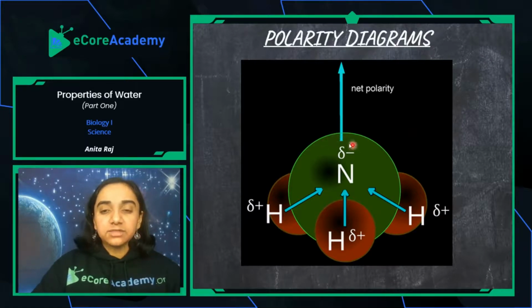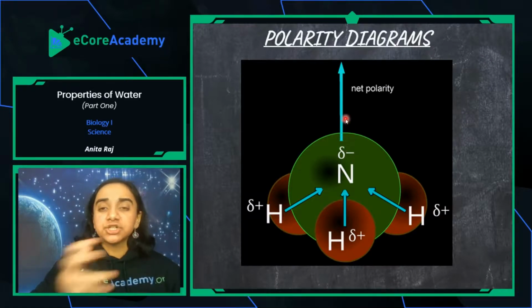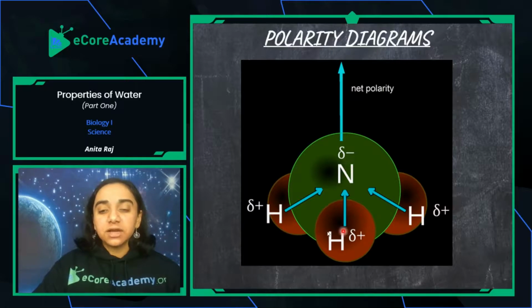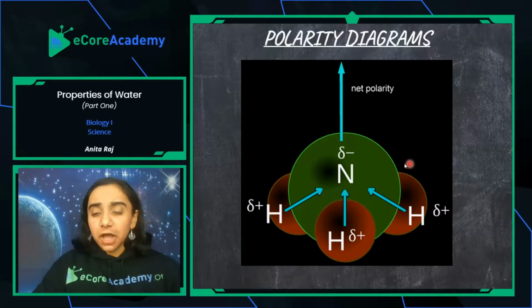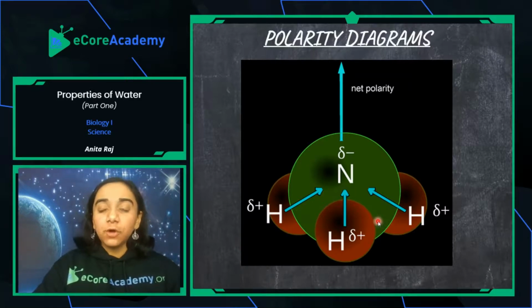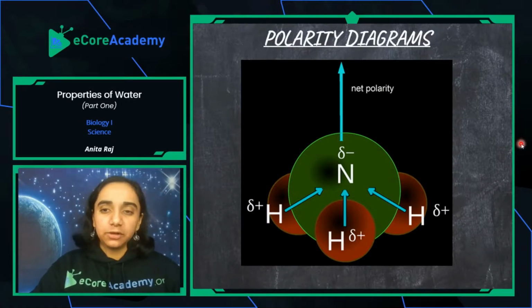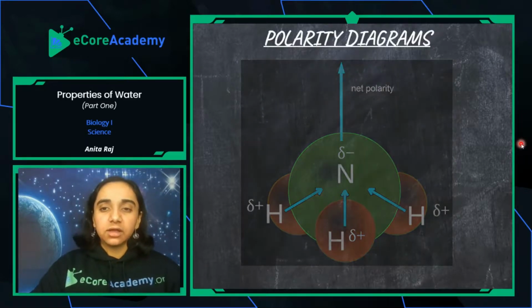That's why up here it says a partial negative charge, because nitrogen's hogging its electrons, whereas hydrogens are partially positive because nitrogen is pulling in those electrons. So this would be an example of a polar molecule. And remember, polar molecules are hydrophilic molecules, so they're water loving. So water is able to dissolve hydrophilic or polar molecules, because remember, like dissolves like.